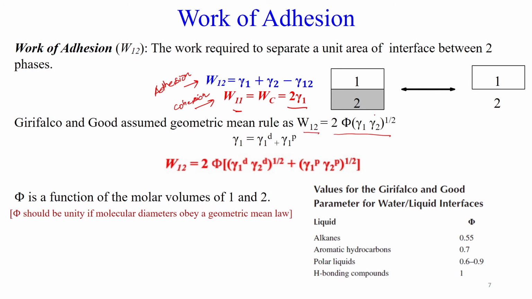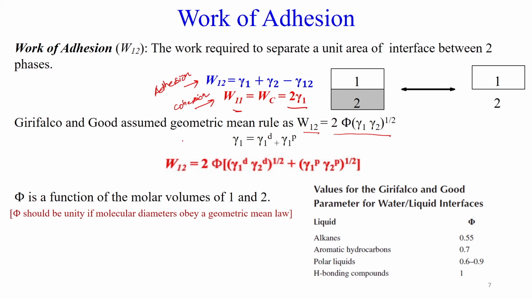So, gamma 1 will be gamma 1 dispersive plus gamma 1 polar. Similarly, gamma 2 will be gamma 2 polar plus gamma 2 dispersive. So, we can expand again: W12 is 2 phi times gamma 1 dispersive gamma 2 dispersive to the power half plus gamma 1 polar gamma 2 polar to the power half.